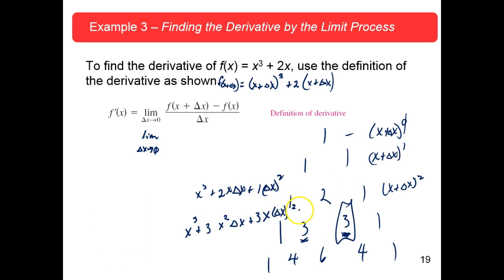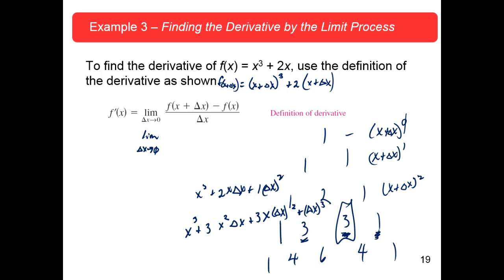And then finally your last coefficient is 1, and that would be reduce this one, x to the 3, 2, 1, 0, that's just 1, and this one is 0, 1, 2, delta x cubed. That's what x plus delta x cubed is.